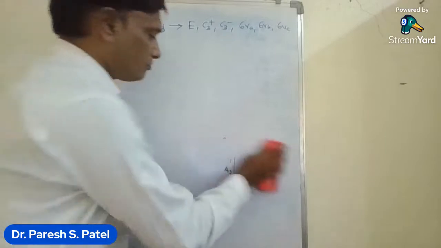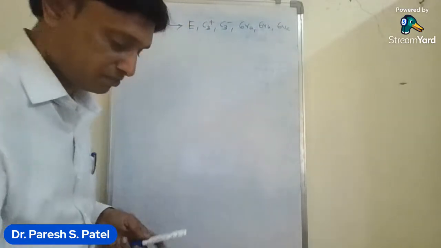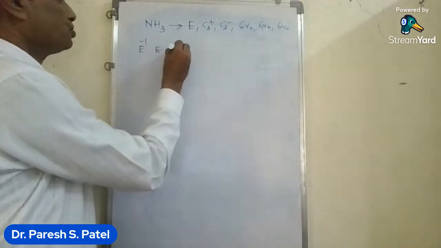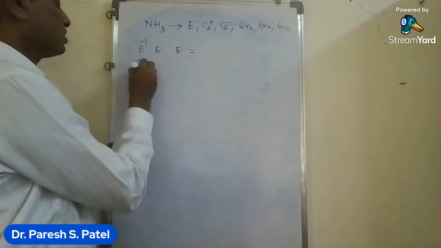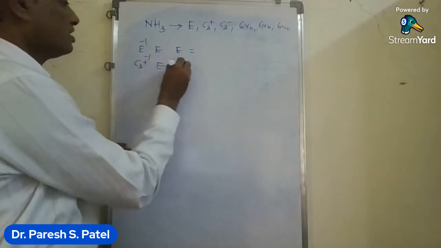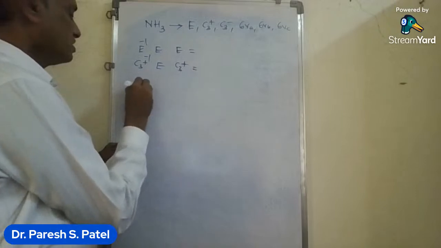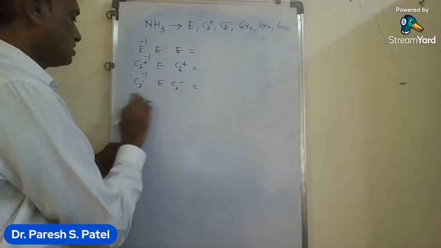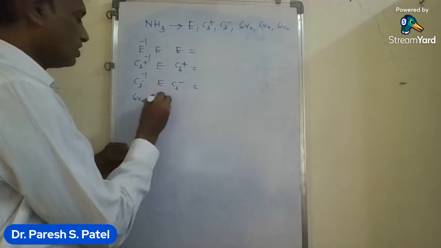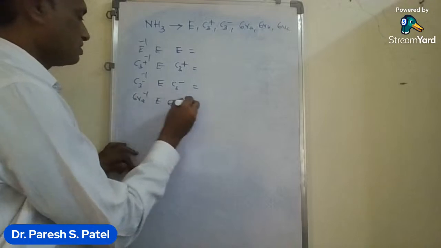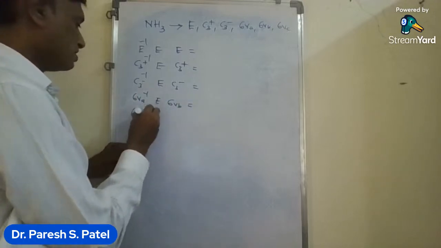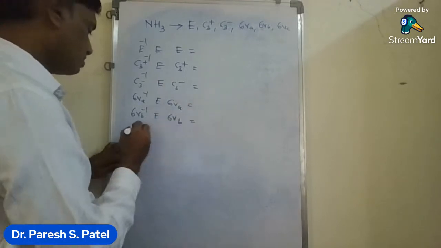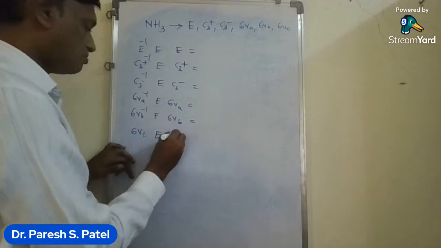Now, first of all, if we operate identity symmetry operation, E inverse E into E is equal to C3 plus inverse E into C3 plus, C3 minus inverse E into C3 minus, sigma Va inverse E into sigma Va, sigma Vb inverse E into sigma Vb, sigma Vc inverse E into sigma Vc.